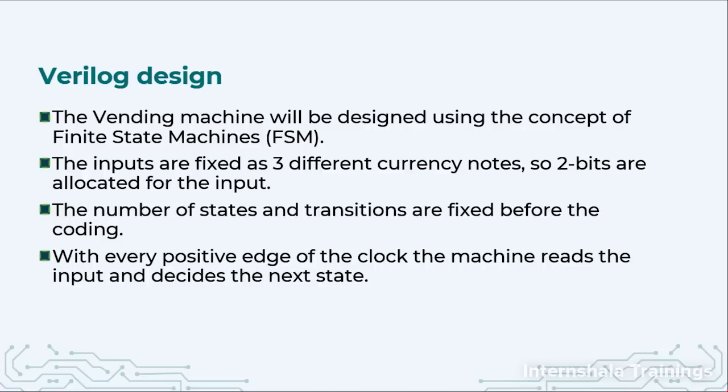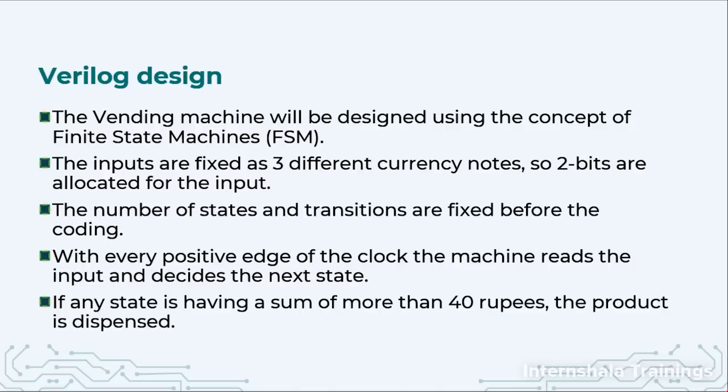At every positive edge of the clock, the machine will read the current state and the input value, and it will decide what the next state and the output are going to be. If the system has a sum that is more than the product price, which is decided as 40, then the product output will be 1, and we can also raise a flag which can tell that the change will be given.